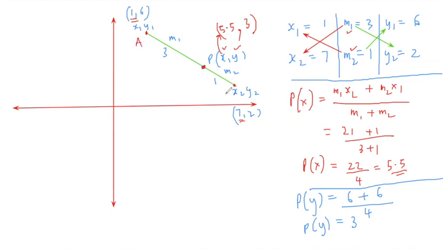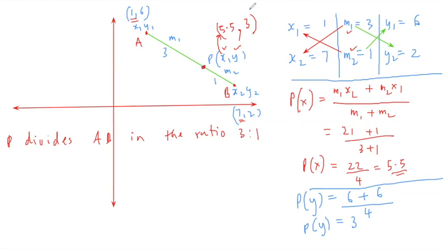So this is very important. Okay, if it says P divides AB in the ratio 3:1, then what we've done is absolutely right.